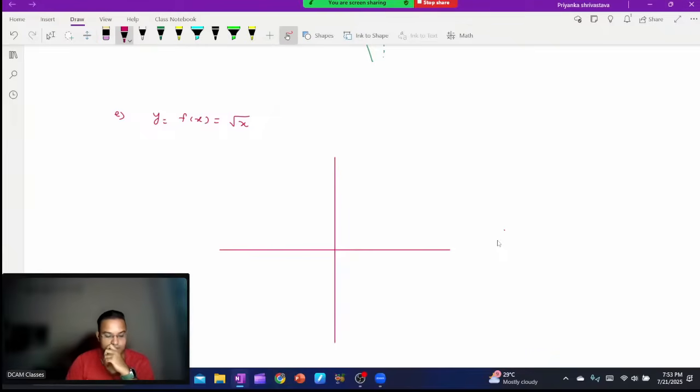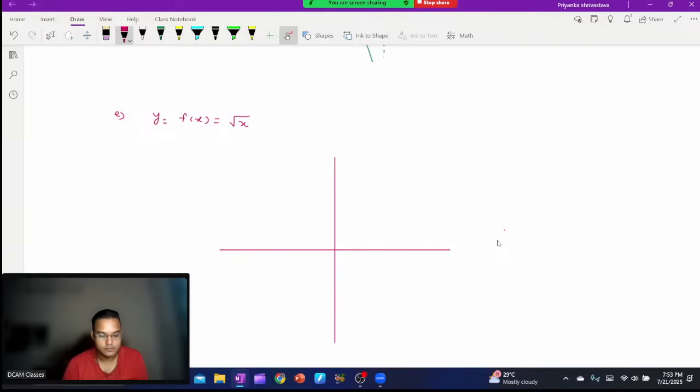Sir, would it be a parabola towards the right? It will be a parabola. Because for example, root 4 gives both -2 and 2.